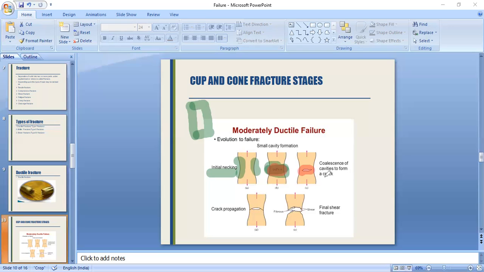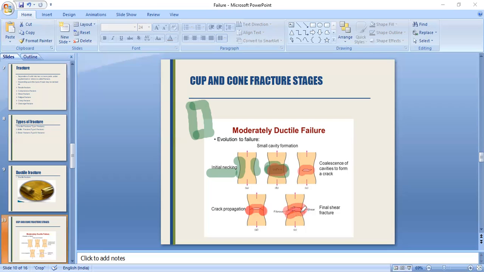In the next stage, crack propagation, the crack extends up to the boundary of the material, from this point to this point. As the load continues, at a certain stage the material will fracture.